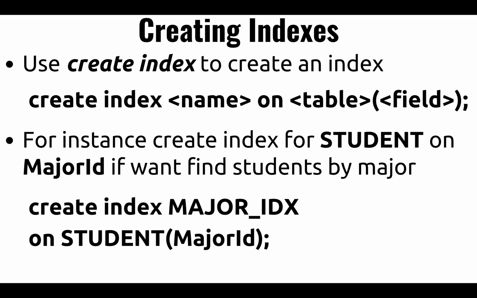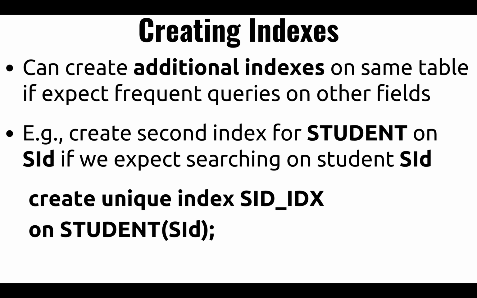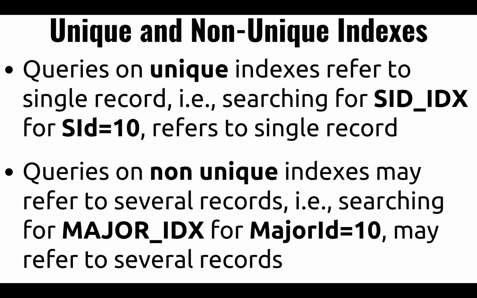Maybe it references 10, 20, hundreds, thousands of records that have the same identical major ID. Make sense? Because multiple students are enrolled in the same college or the same department.